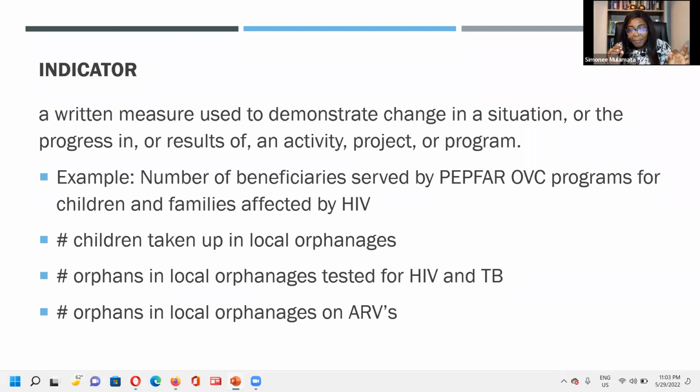We need people that are into detail when we develop indicators. It's important that every individual in the organization understands the indicators by which their performance is measured within a project. The indicators I've indicated here are for an overall project.